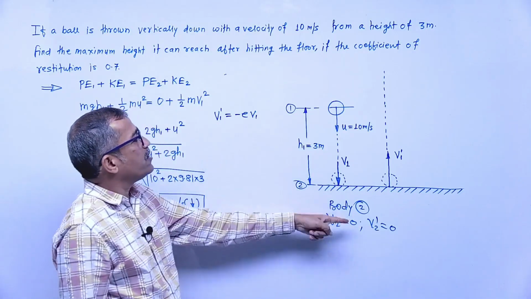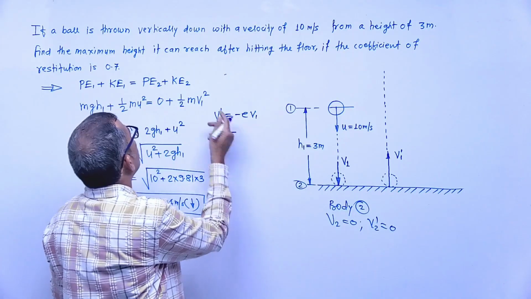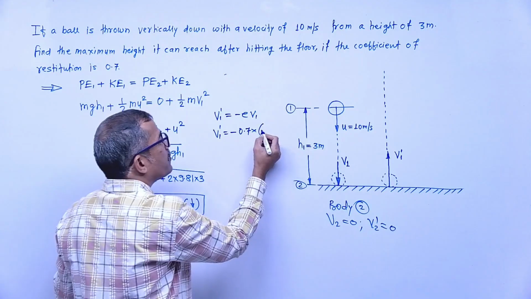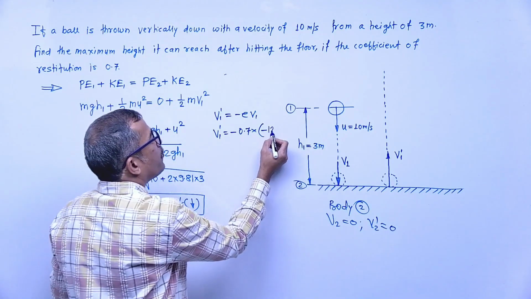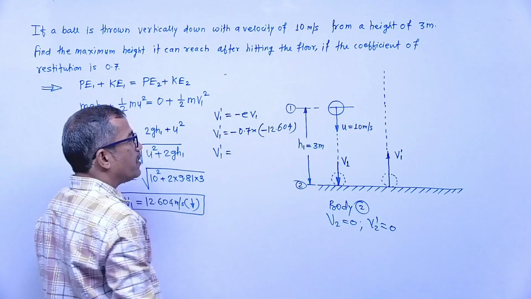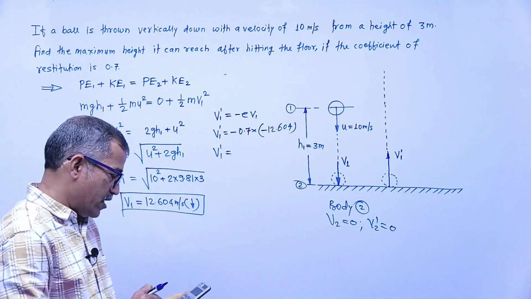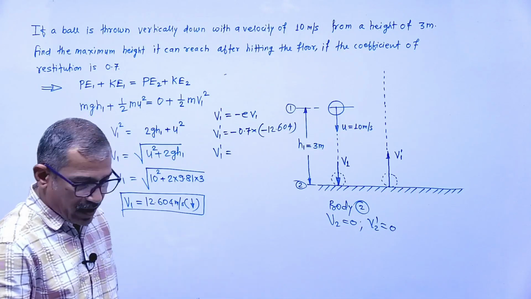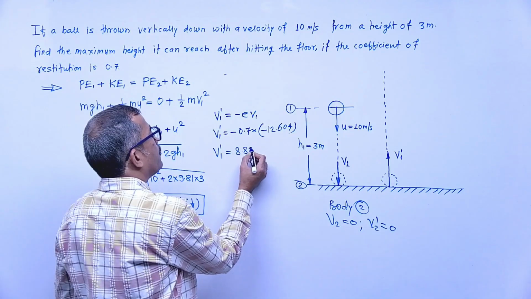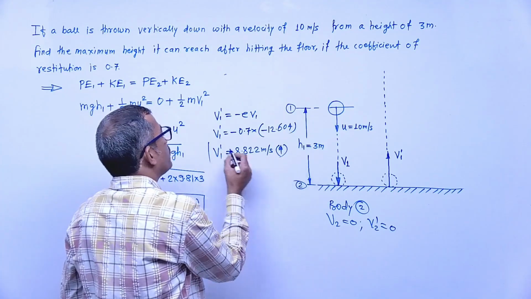That means it rebounds in opposite direction, minus sign. Okay. Now V1 dash is minus e, which is 0.7, times V1, which is downward, so we substitute with minus sign, 12.604. So you will get V1 dash, the velocity after impact, into 0.7, which comes out to be 8.822 meters per second. With this velocity, it rebounds in upward direction.